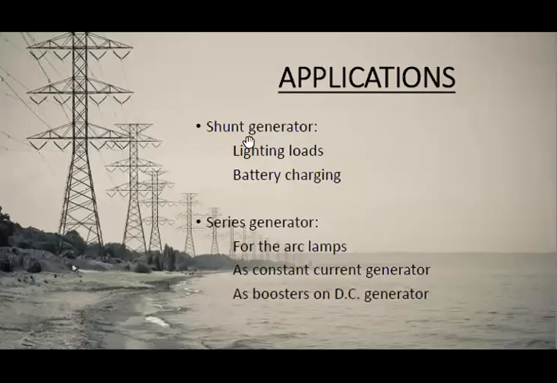So coming to the applications, the shunt generators can be used for lighting loads, battery charging devices, etc. Coming to the series generator, it may be used for arc lamps, as a constant current generator, and as boosters on DC lines.